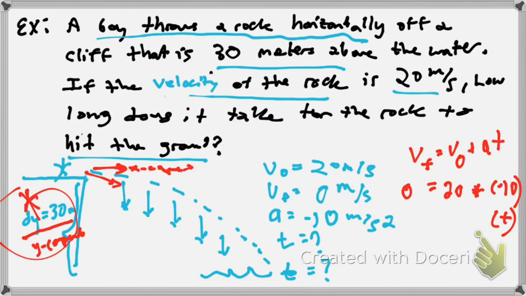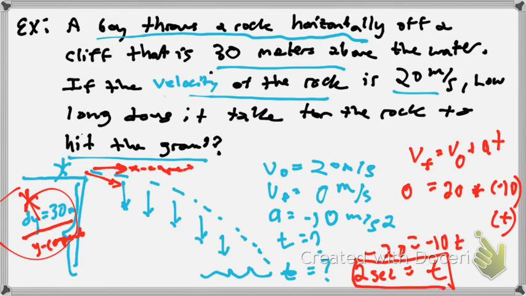We plug in our equation and solve for t. -20 is equal to -10 times t. So t is equal to 2 seconds. See that? And that's how simple these questions can be as soon as you start understanding what's going on.